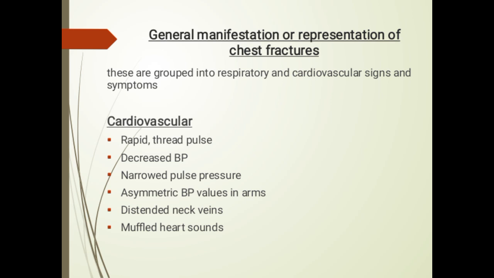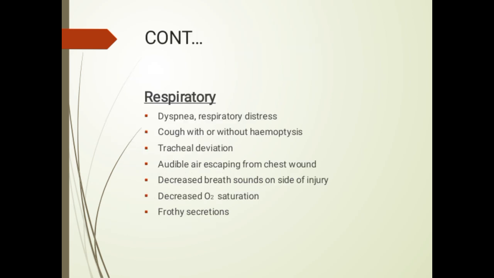So we'll come now to respiratory. Respiratory has to do with breathing. Another symptom will be dyspnea, which is difficulty in breathing. There will be cough with or without hemoptysis, which means coughing out blood. There will be difficulty in air passage.